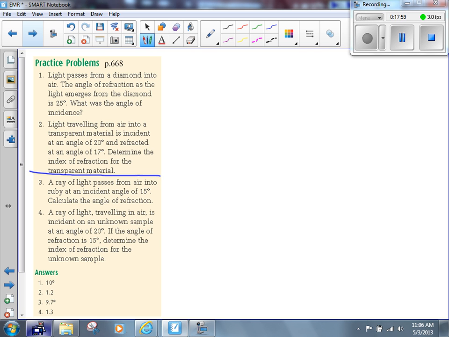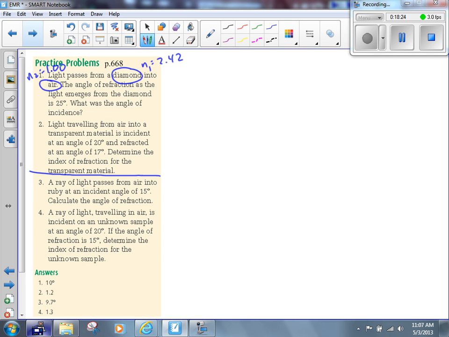It says light passes from a diamond. The index of refraction of a diamond is 2.42, and that's on that table that you had in your book and in these notes here. The index of refraction for air is 1.00. On that data sheet, it actually says 1.0003.